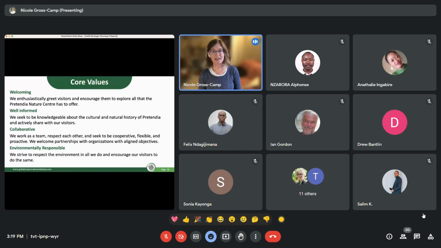In the Pretendia example, they came up with four: welcoming, well-informed, collaborative, and environmentally responsible. And note as well, they include a little bit more information about what these core values mean: welcoming, enthusiastically greet visitors to explore all the center has to offer.